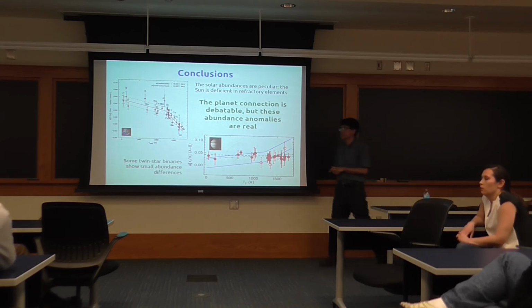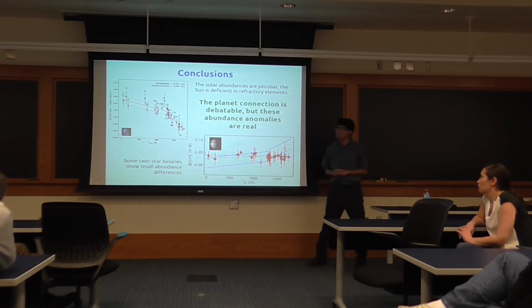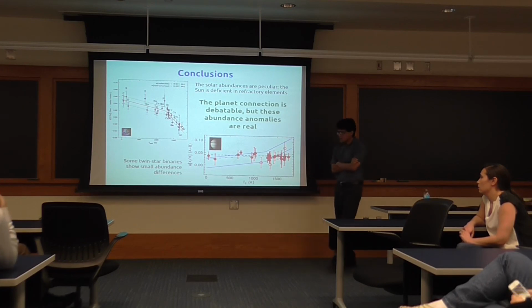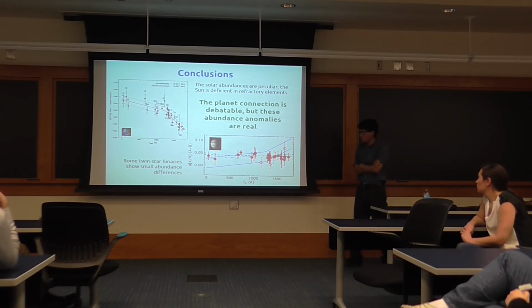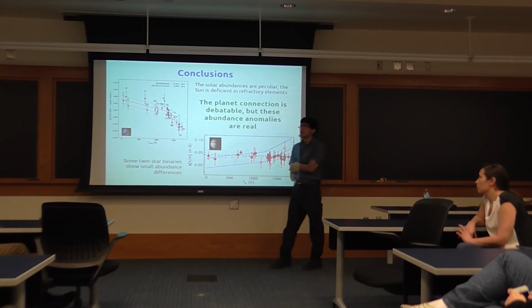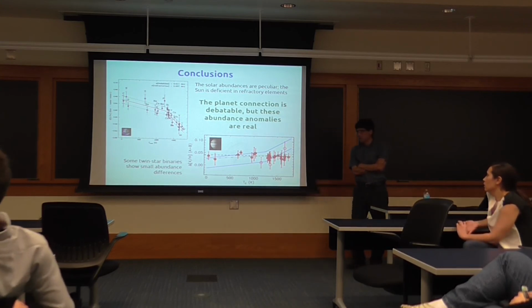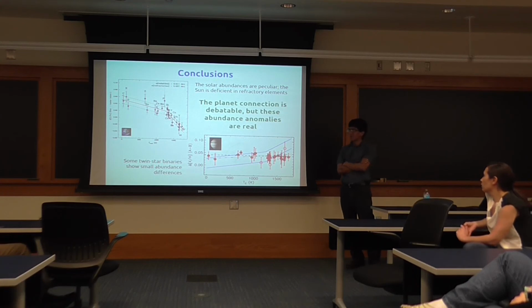So are you going to check these results by using the near infrared spectrum to see if you get the same errors in temperature and gravity and the same trends? In the near infrared... I'm not very familiar with that region, so I wouldn't know if there are enough features to do this kind of work, at least not to the extent that we have in the optical.